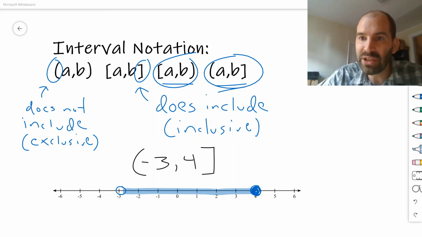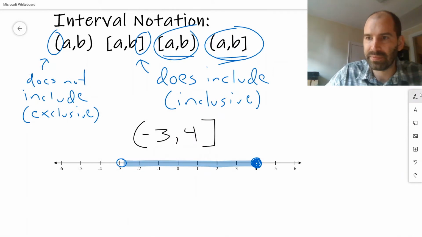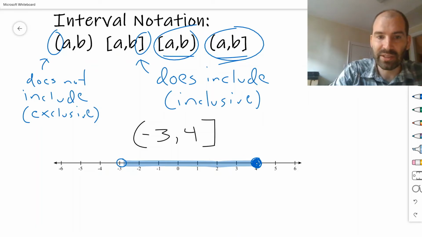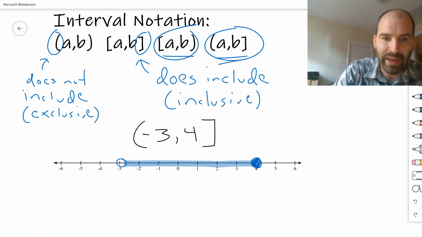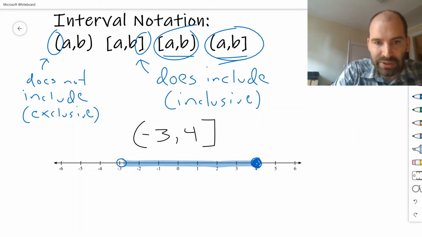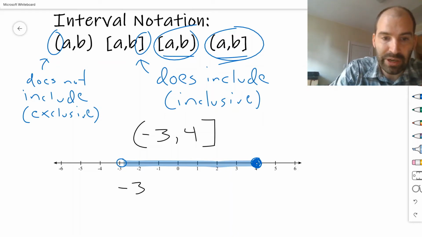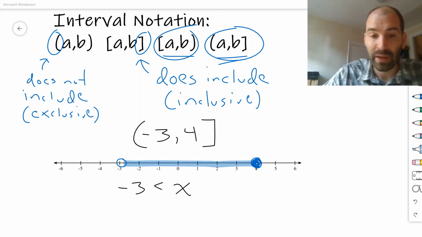How would we write that using inequalities? Well, remember, this would be a compound inequality. It's a compound inequality because it doesn't just go off to infinity. So how would I write that? Well, I'm looking at the set of numbers that are greater than -3, or in other words, -3 is less than those numbers. Same statement.